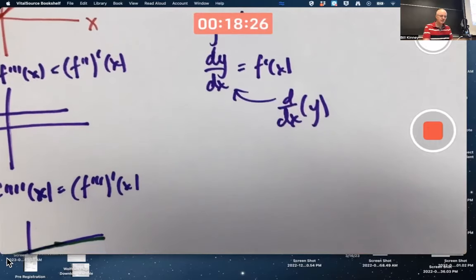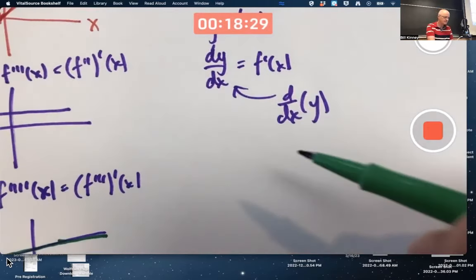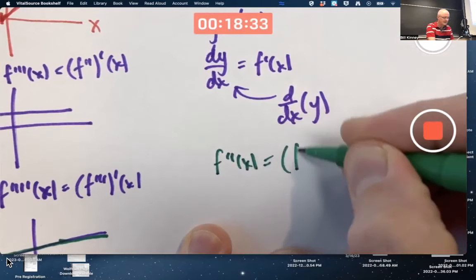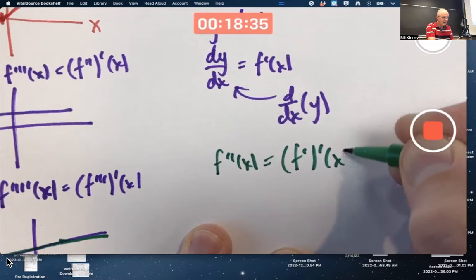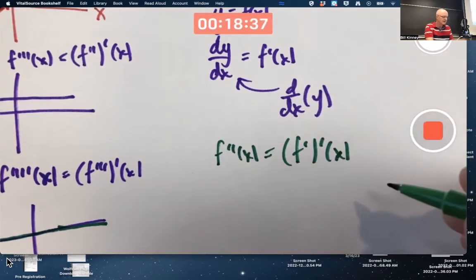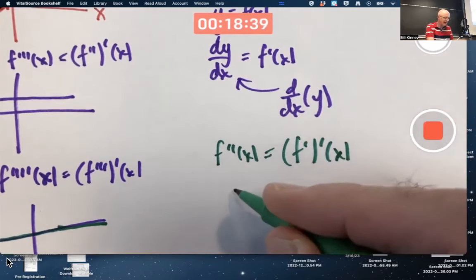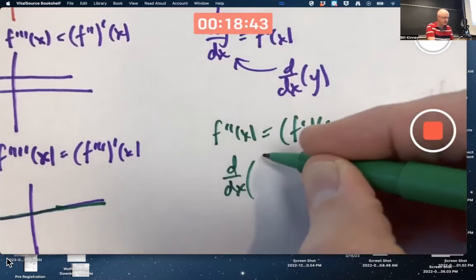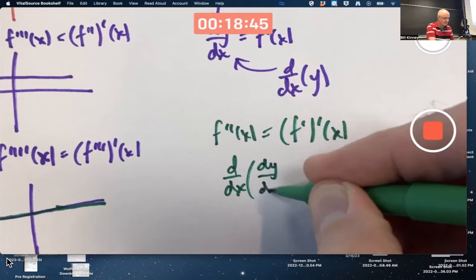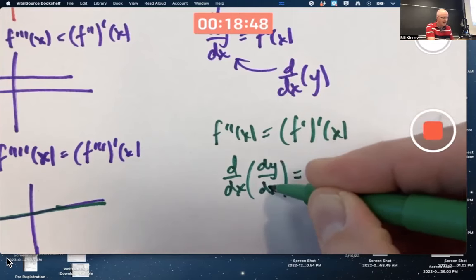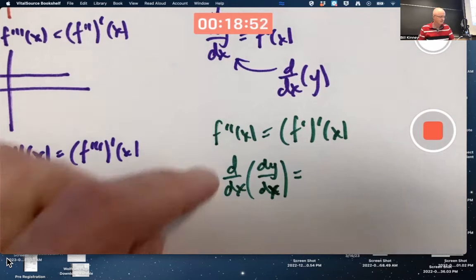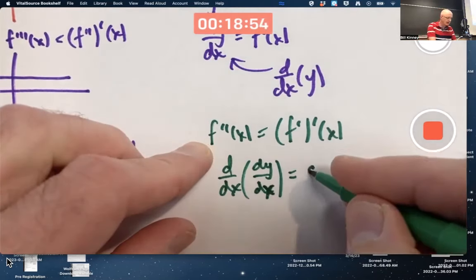When you talk about the second derivative, f double prime of x, here's the function notation for it. But you also can think of it as the derivative with respect to x of the first derivative, dy dx. And then it's as if you pretend you're multiplying. d times d is d squared.